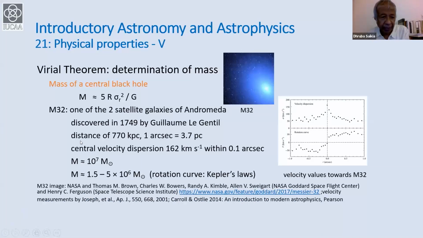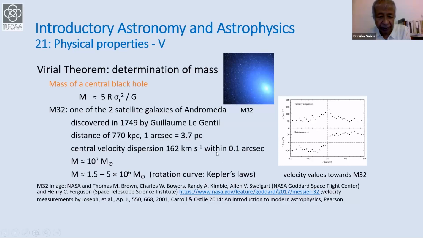I've just given you another example over here, with the same equation, m of the order of 5 r sigma r squared over G, applied to the velocity dispersion of stars in the central region of one of the satellite galaxies of the Andromeda galaxy, M32. This galaxy was discovered by Le Gentil in 1749. It's at a distance of 770 kiloparsec.